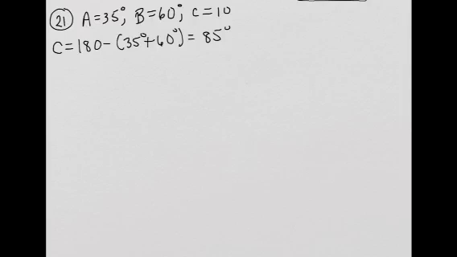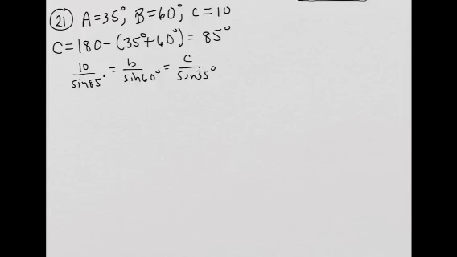So now you have opposites. You have angle C and side C. So 10 over sine 85 equals B over sine 60 equals C over sine 35.